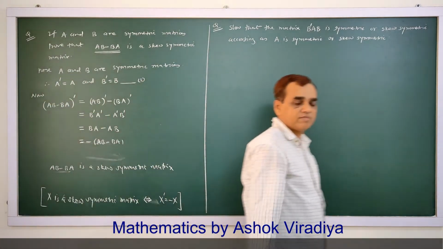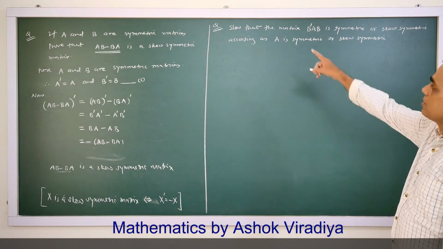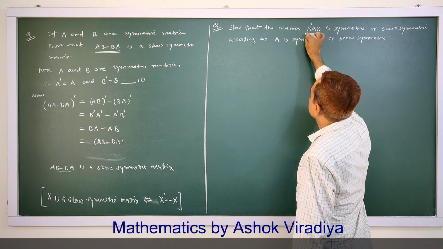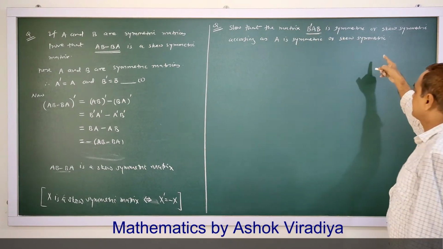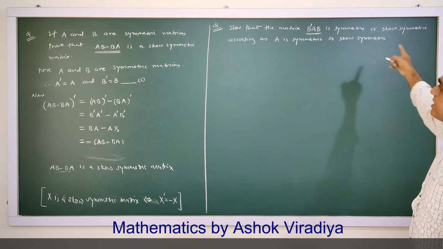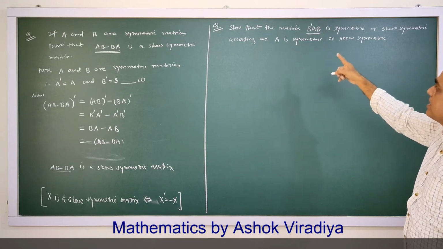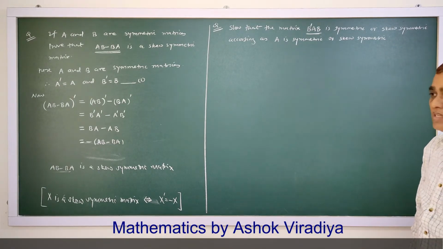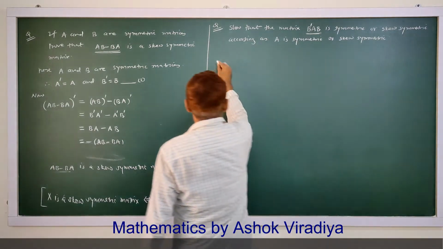Now here, show that matrix B dash AB is a symmetric or a skew symmetric according as A is symmetric or skew symmetric. We take case 1.